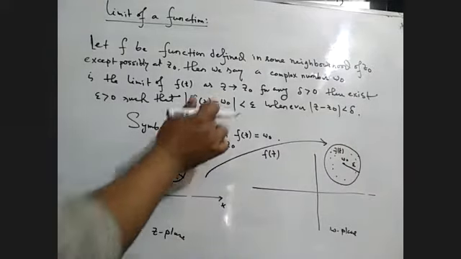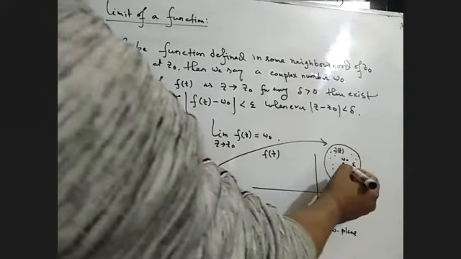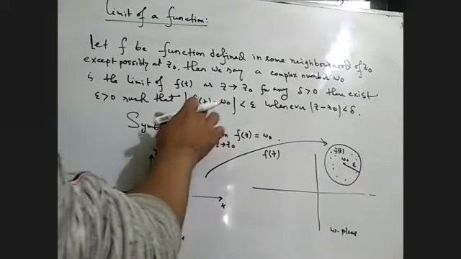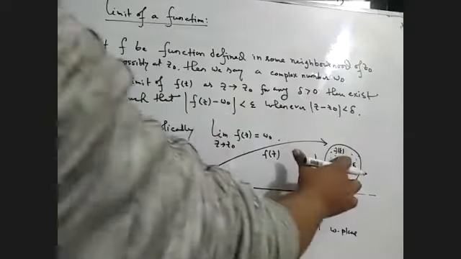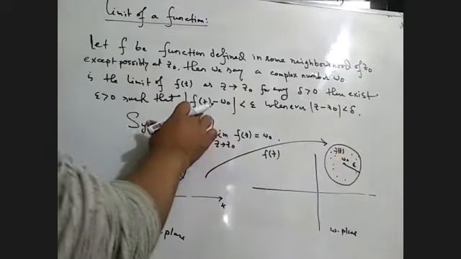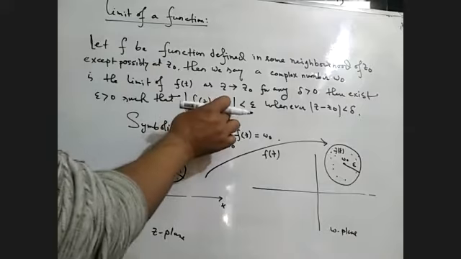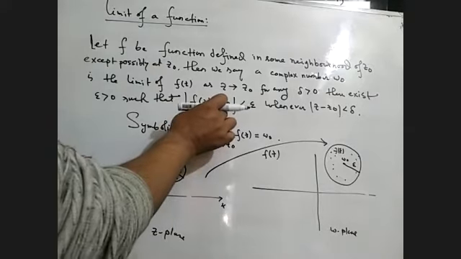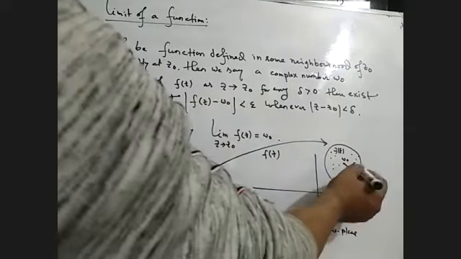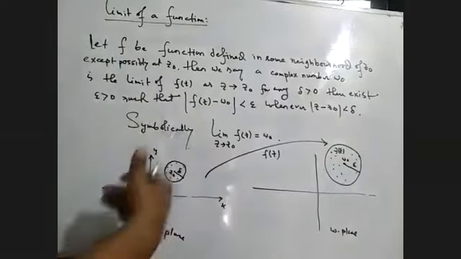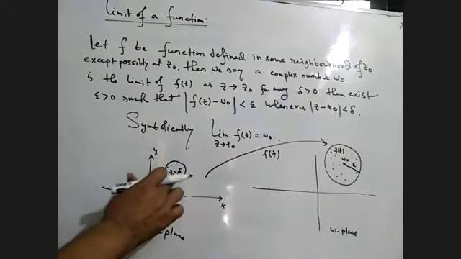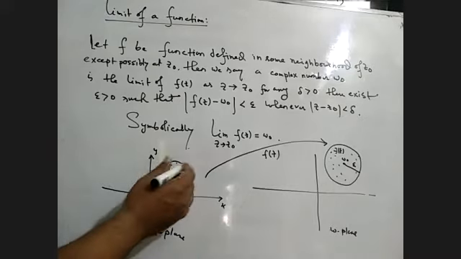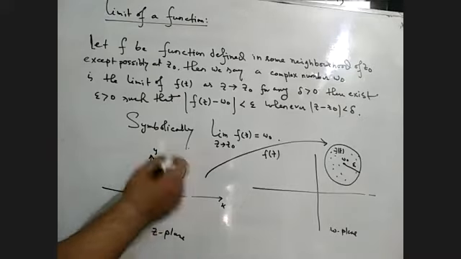That means the functional difference, f of z1 minus the center w naught, and f of z2 minus w naught, every functional difference will be less than epsilon if this condition is satisfied. The point difference means z minus z naught, where z means z1, z2, z3, many points.